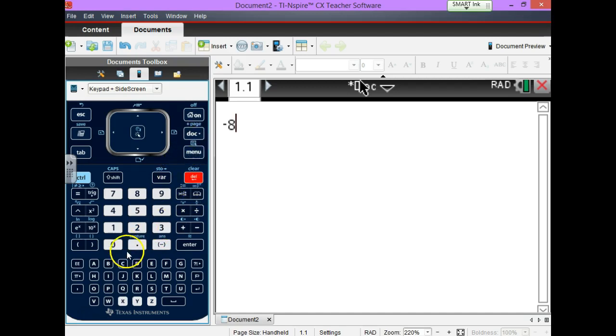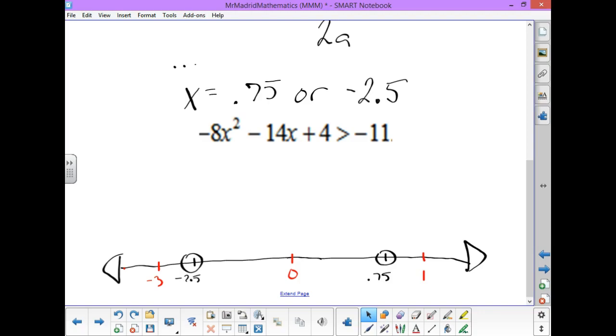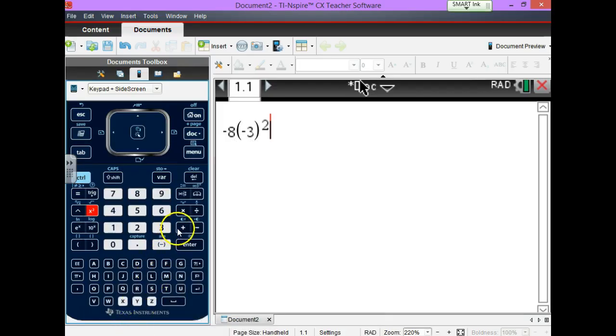I'm going to plug in negative 3 squared minus 14x plus 4.